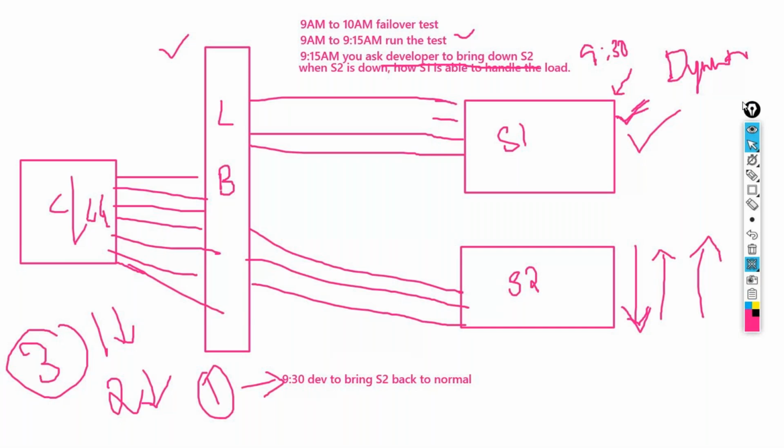Okay, so basically what happens is when any one of the servers is down, the teams responsible for looking into it will bring it up, but they might need some time, like 5, 10, 15, 30 minutes, sometimes 40 minutes or 1 hour, because they need to see why it is down.